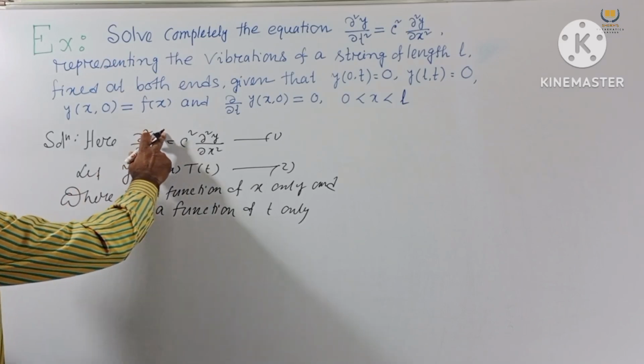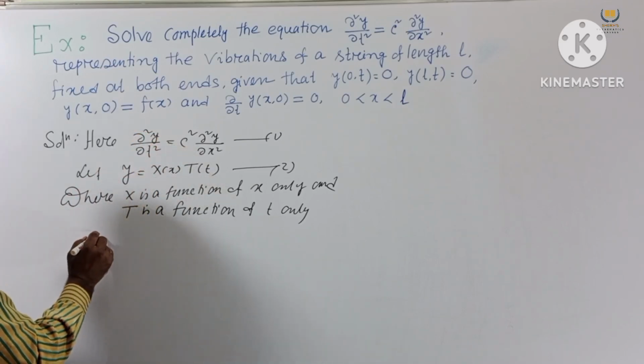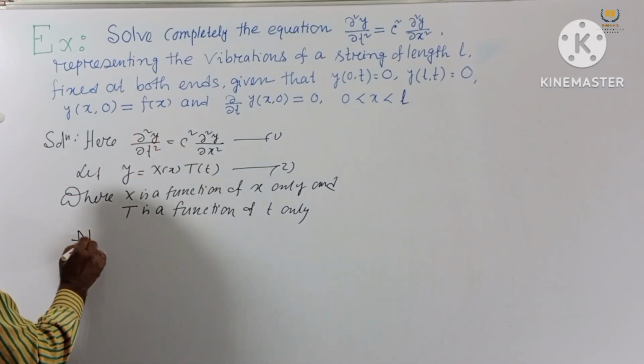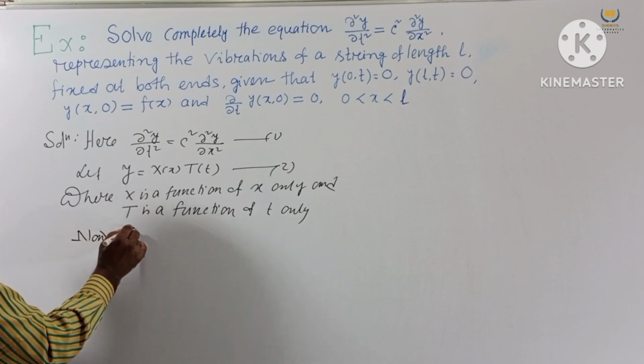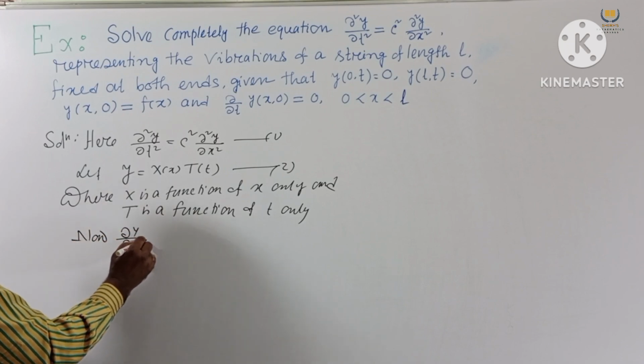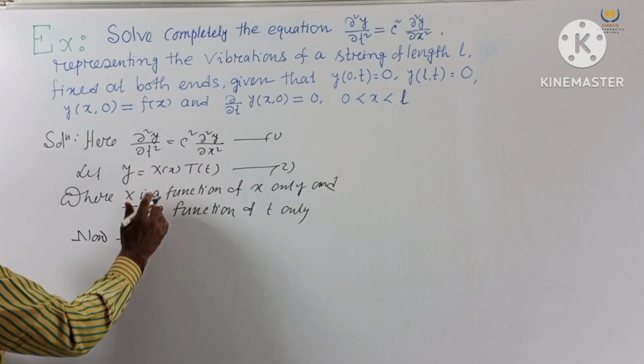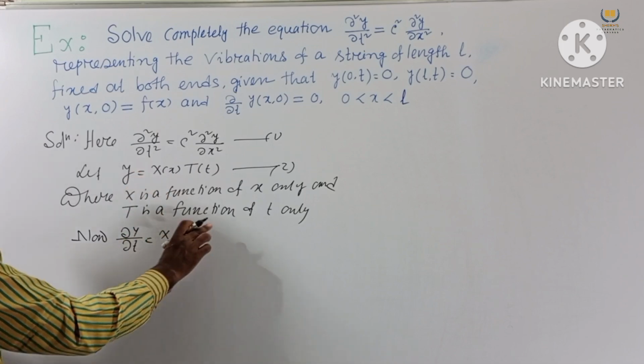Now here ∂²y/∂t² is given. So now ∂y/∂t: X is constant when we differentiate with respect to t.